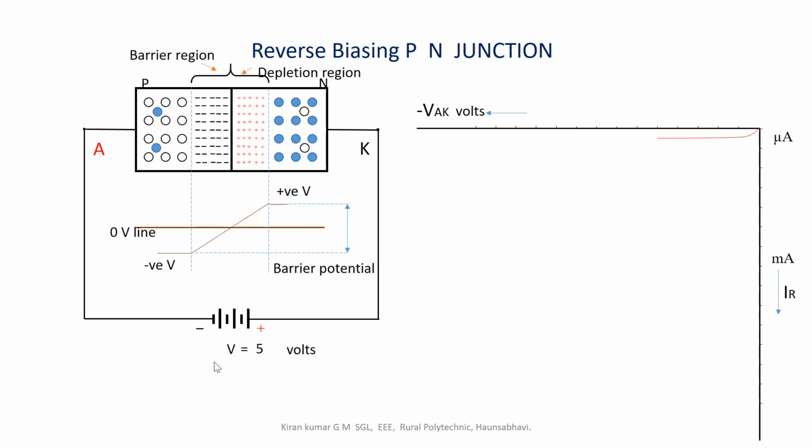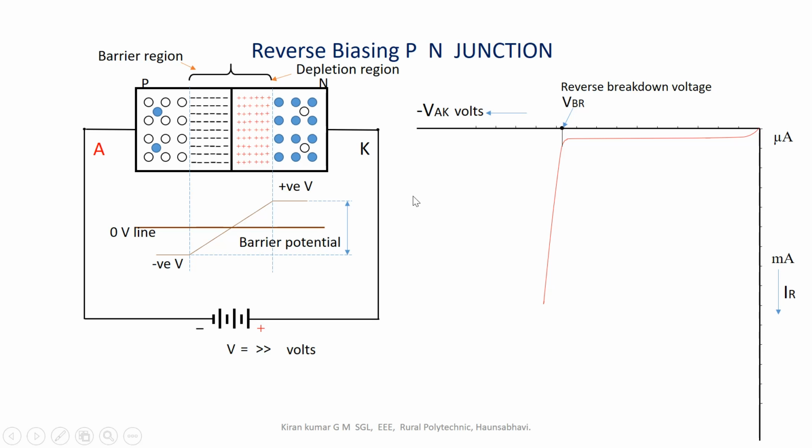When the external battery voltage reaches such a high value that the high electric field influences the electrons of these semiconductor atoms to discharge themselves and cross the junction, it creates a sudden huge reverse current.